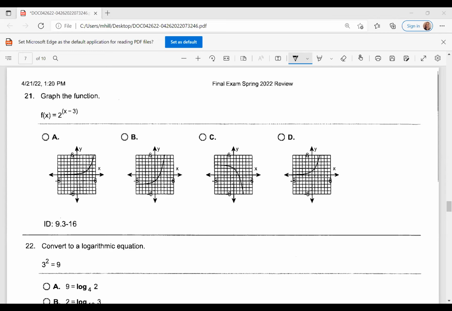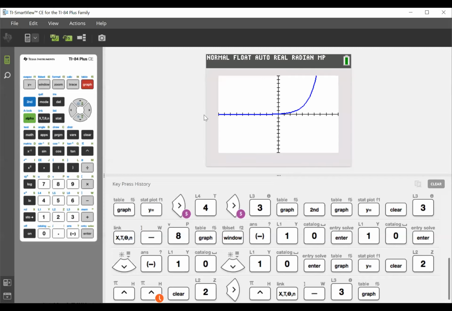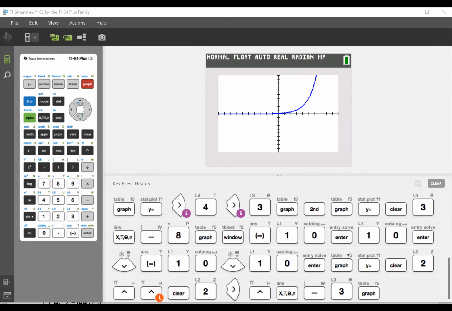So when I go to my graphing calculator and type in 2 to the x minus 3 and hit graph, I'm definitely going to agree with you all that the right answer is A. That would be the graph that matches the best.